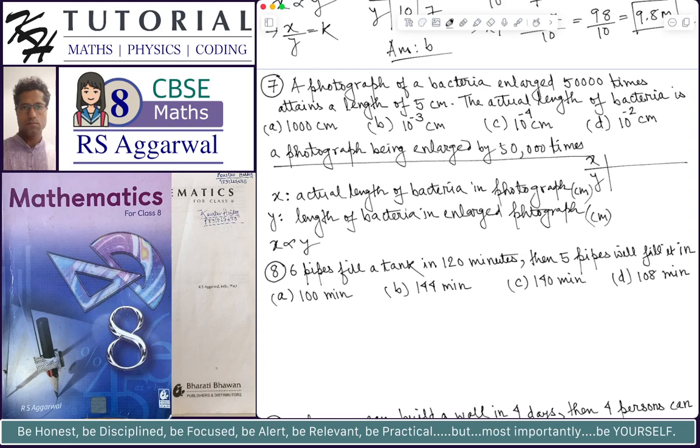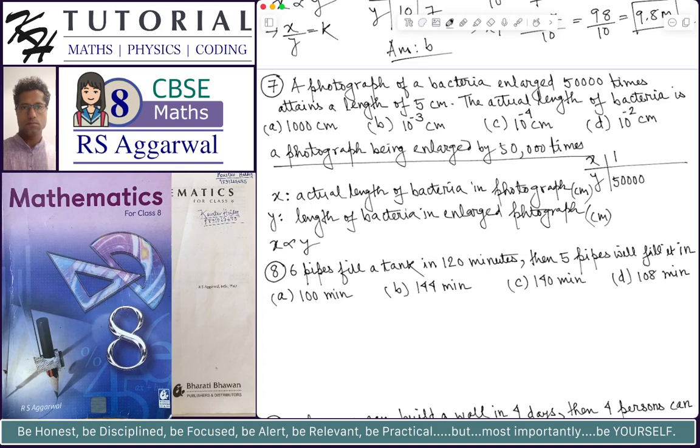So a photograph of a bacteria enlarged 50,000 times. This is a hidden data, which means that if the actual length of bacteria in the photograph is 1 centimeter, then the length of the bacteria in the enlarged photo will be 50,000 centimeter. So this is the main concept that you must understand.